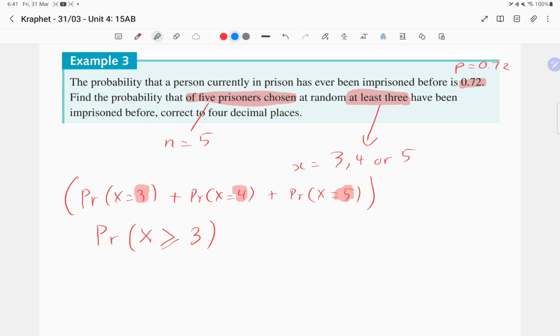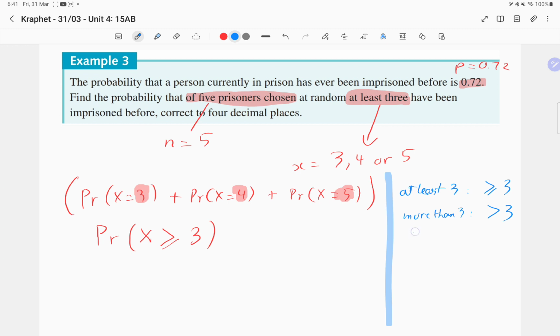Now, be very careful. At least 3 is the same as more than or equal to 3. If it's more than 3, this one would be strictly more than 3. Does it make sense?